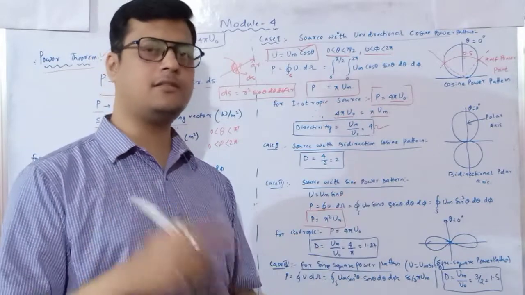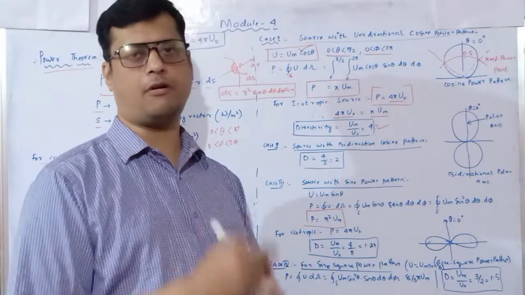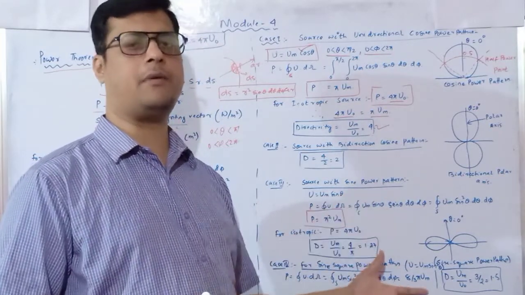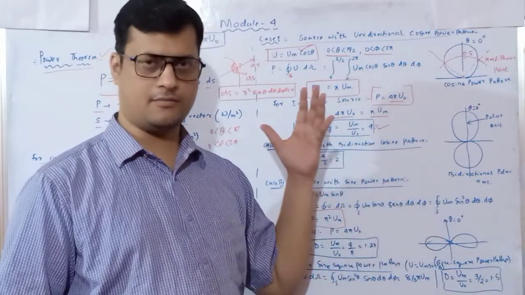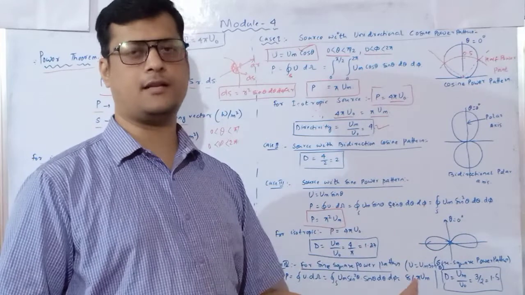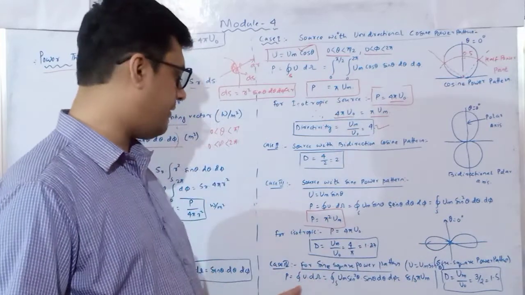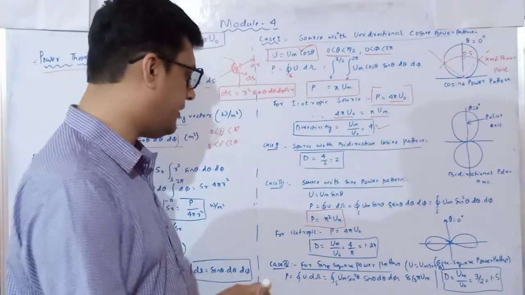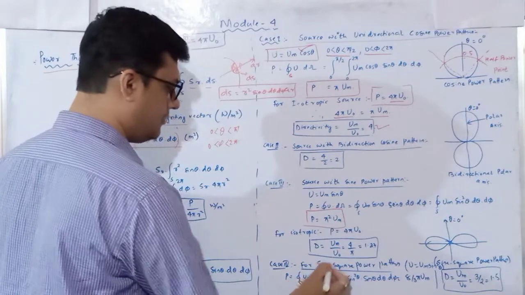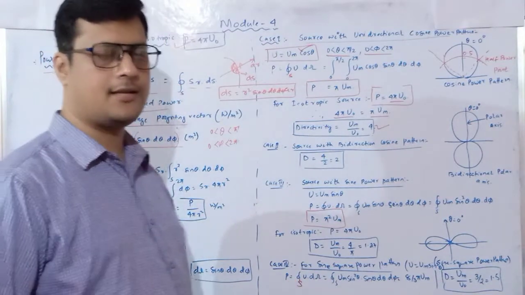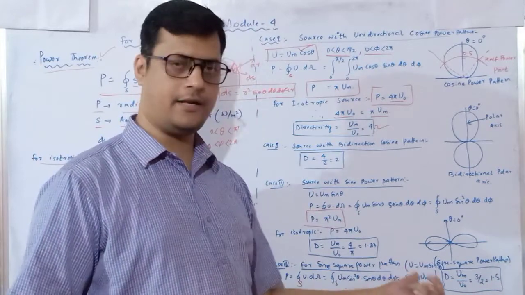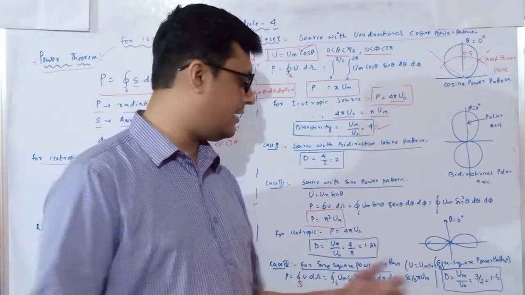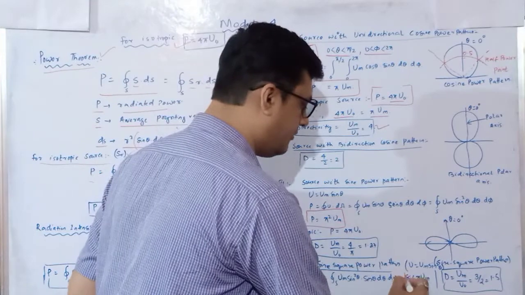If it is sine square, the same procedure is followed: identify the power, compare with the isotropic antenna power and form a relation for directivity. So P is equal to the surface integration of U d omega. U is now sin square theta, sin theta d theta d phi, and we will get 8 by 3 into pi.